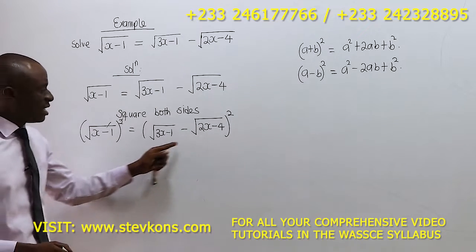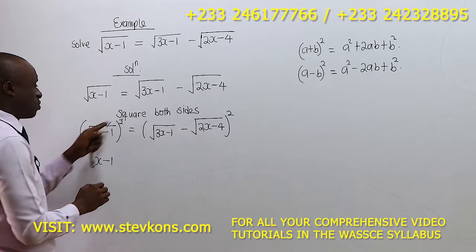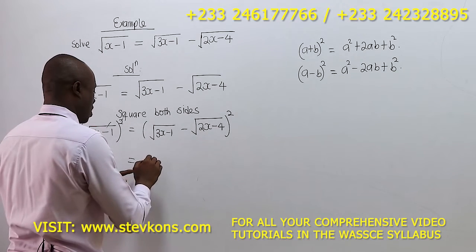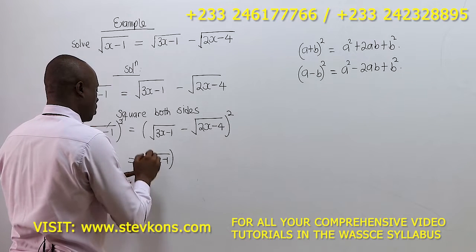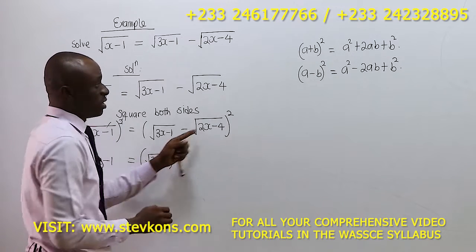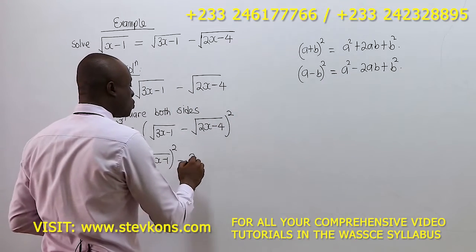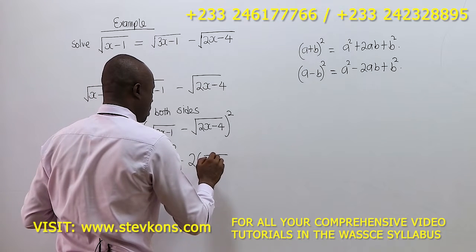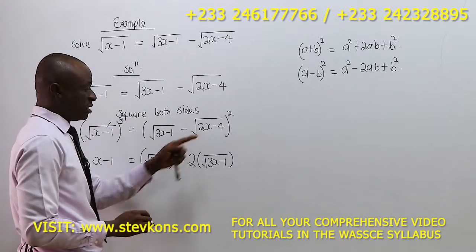Hence, this is our a, this is our b. So this is just x minus 1 because the square cancels the square root. Now, a square, our a is this. So we have root 3x minus 1 to the power 2, minus, so it's of the second form, minus 2ab. What is our a? Our a is root 3x minus 1. And what is our b?